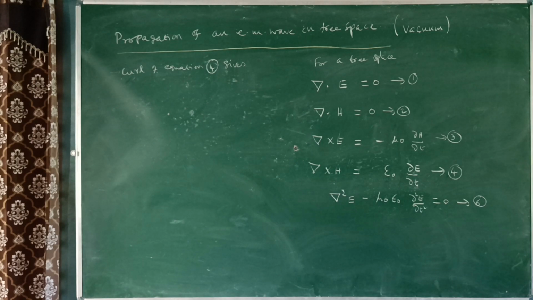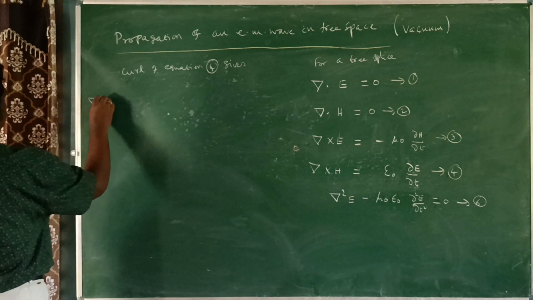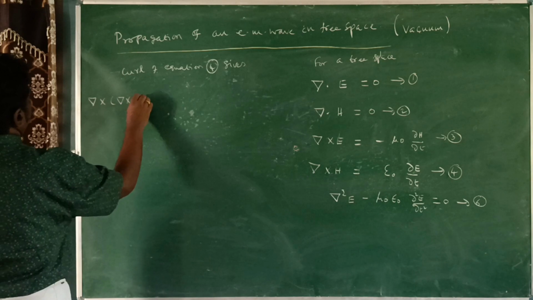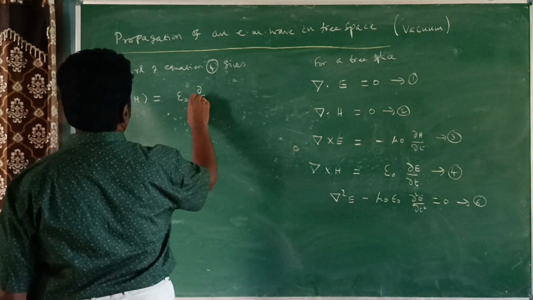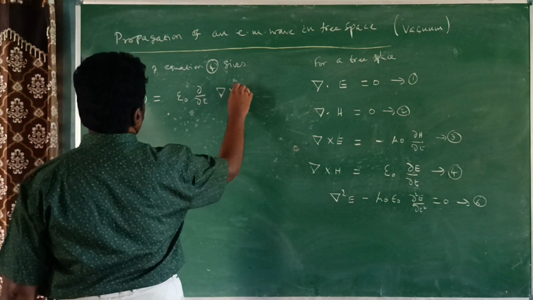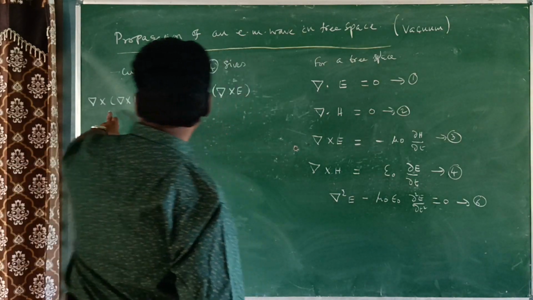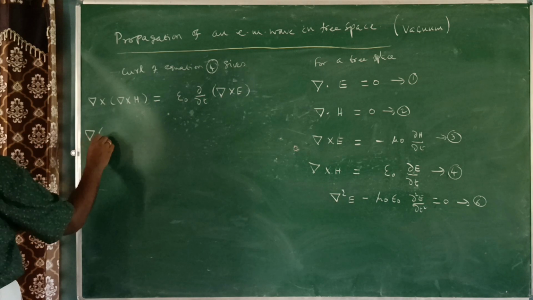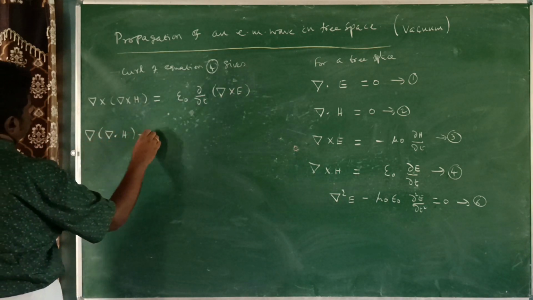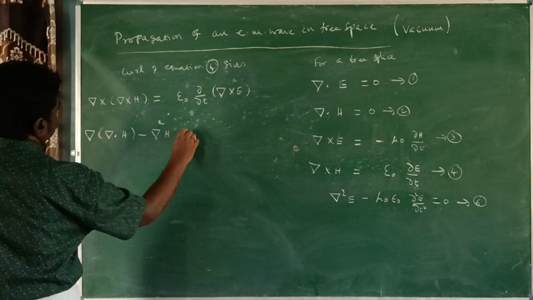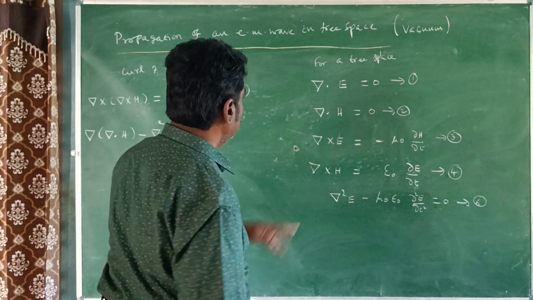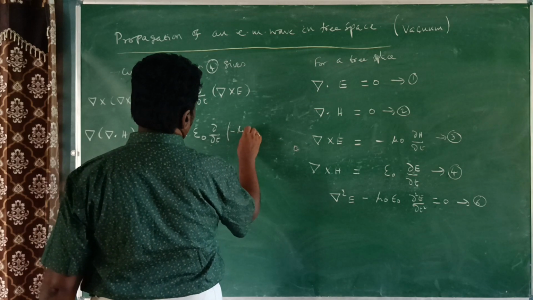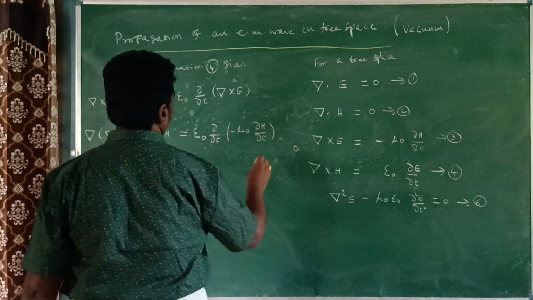Now take the curl of equation 4. Del cross H is equal to epsilon naught dou by dou t of del cross E. Expand this left hand side using the identity, grad of div H minus del square H, which is equal to epsilon naught dou by dou t of the value of curl E, which is minus mu naught into dou H by dou t.